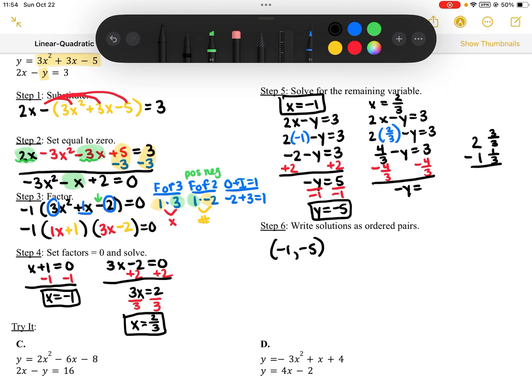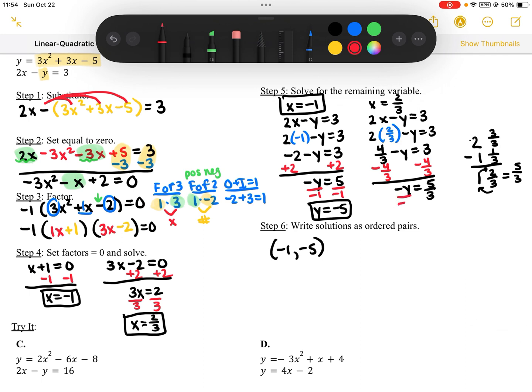So when I subtract down, 3/3 minus 1/3 gives me 2/3. And 2 minus 1 gives me 1. So you can either leave this as a mixed number or write it as an improper fraction. Go around the world: 3 times 1 is 3, plus 2 is 5. Keep your denominator. So you can either write 1 and 2/3 or 5 over 3.